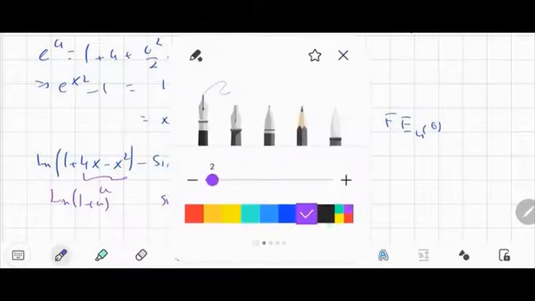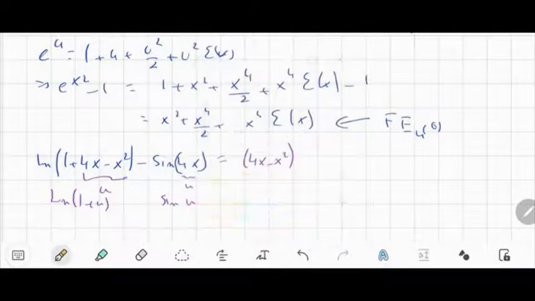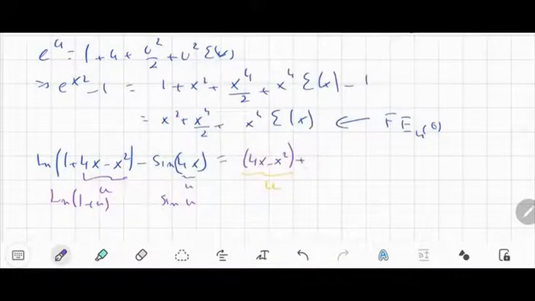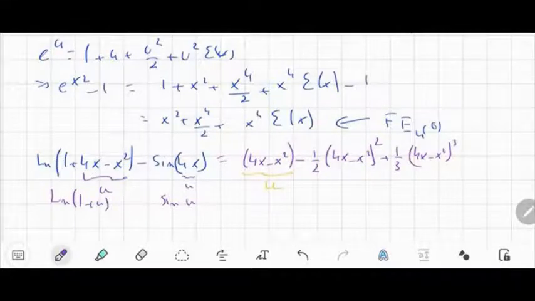So again, this is u, then plus or minus half u squared, so (4x minus x²) to the power 2, plus 1 over 3 u to the power 3, which is (4x minus x²) to the power 3, minus 1 over 4 u to the power 4, which is (4x minus x²) to the power 4, of course, plus x⁴ epsilon of x.